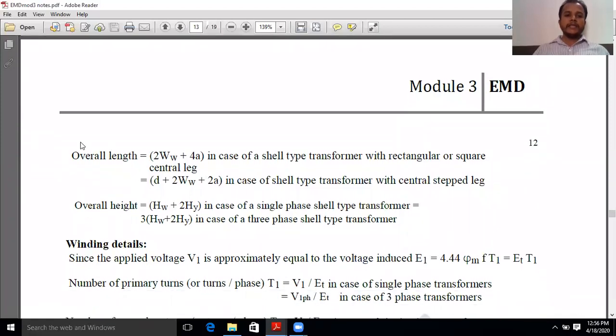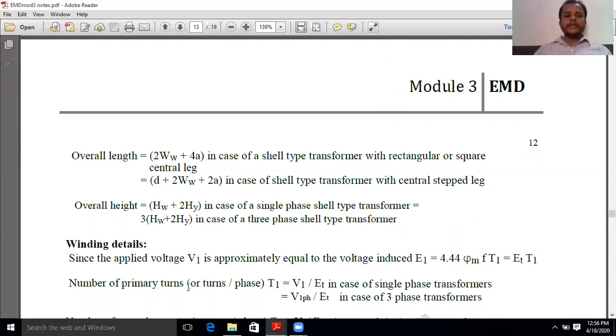It is the overall length for the shell type transformer, and it is the overall height for the single phase shell type transformer, and it is for the three-phase shell type transformer. This is regarding the main dimensions, the overall dimensions.